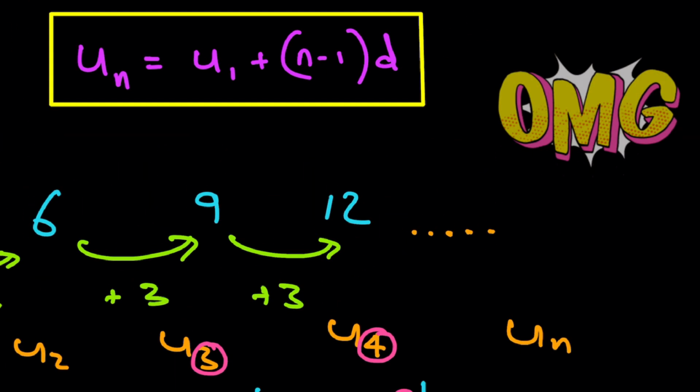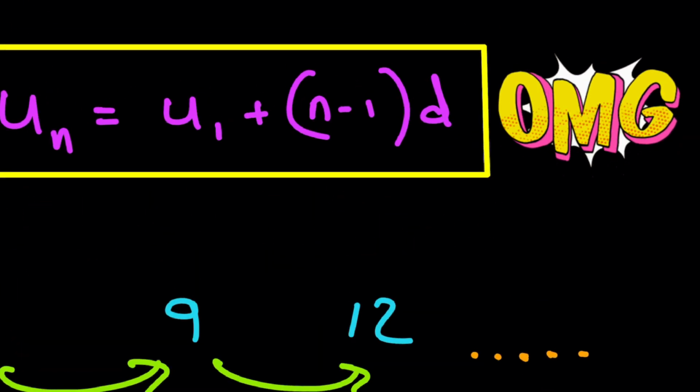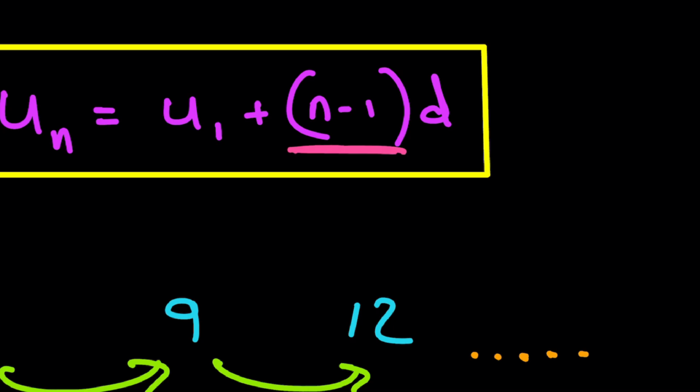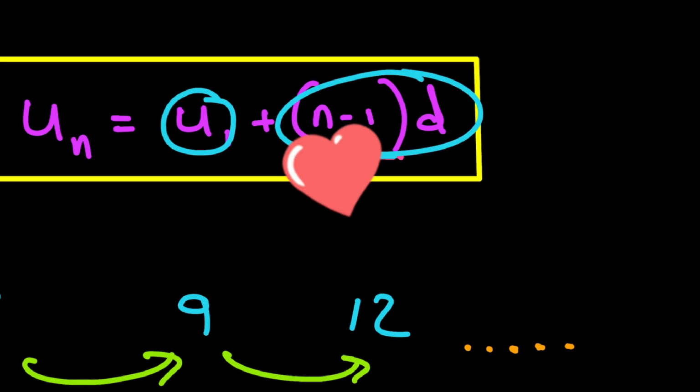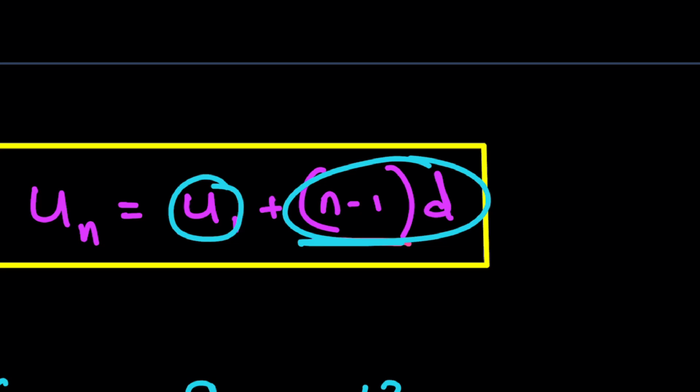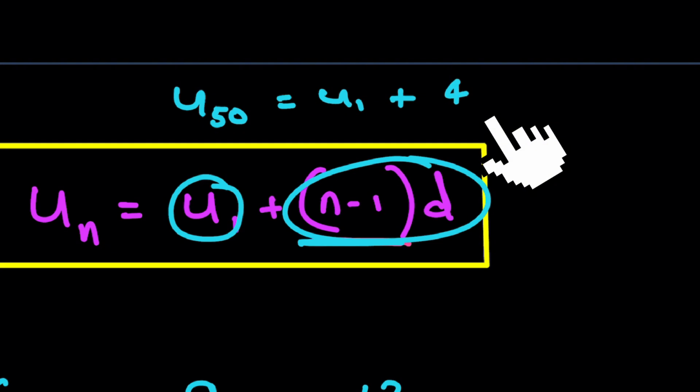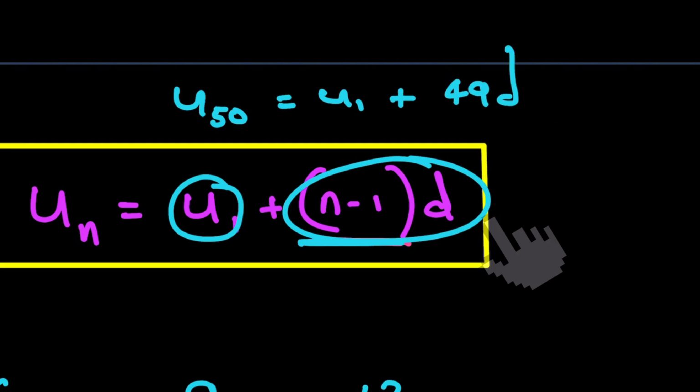That is where we get this from. So you will always have the first term plus that number of differences. For example, if I wanted to find u50, it would be the first term plus 49 differences. And that's where the general term comes from.